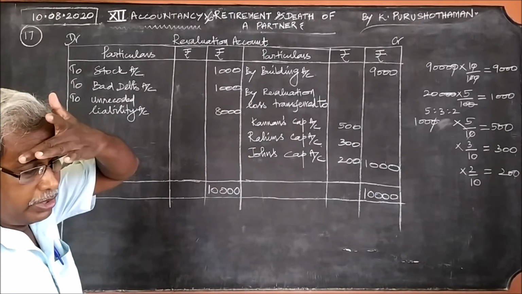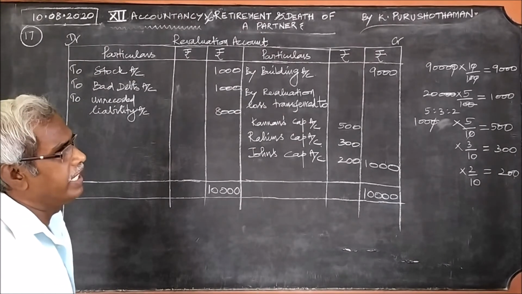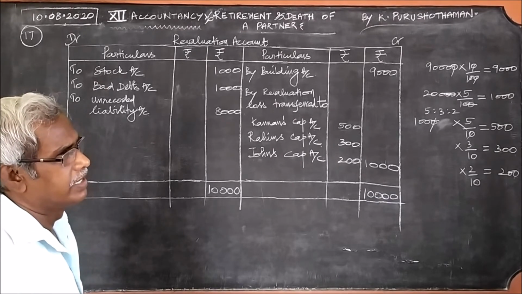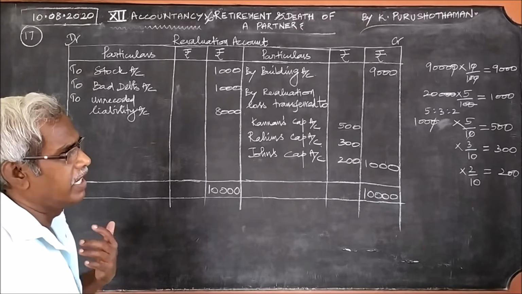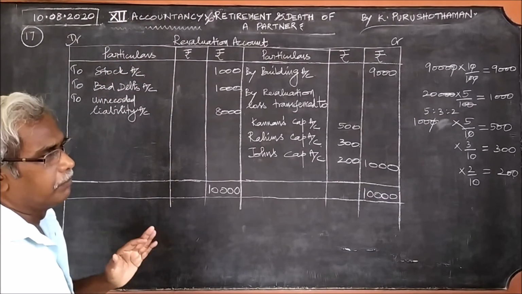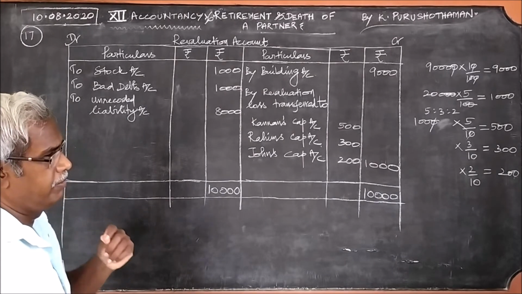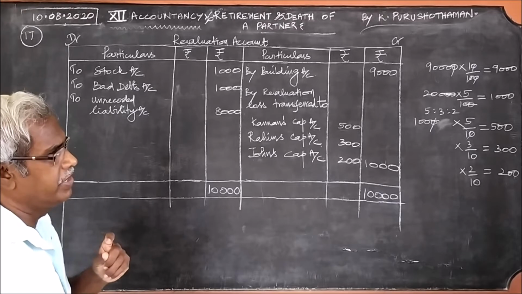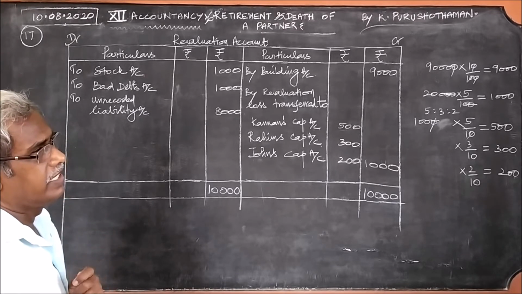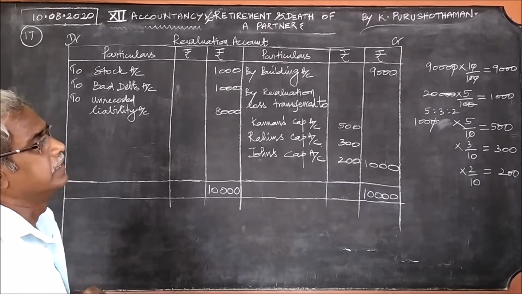Then the next important one, we have seen in very many problems, is unrecorded investments. Investment is an asset. If the investment is not recorded, it is a profit item. At the same time, if the liability is not recorded, unrecorded liability, in simple language a loan borrowed, a debt not yet settled, that is the meaning of unrecorded liability.